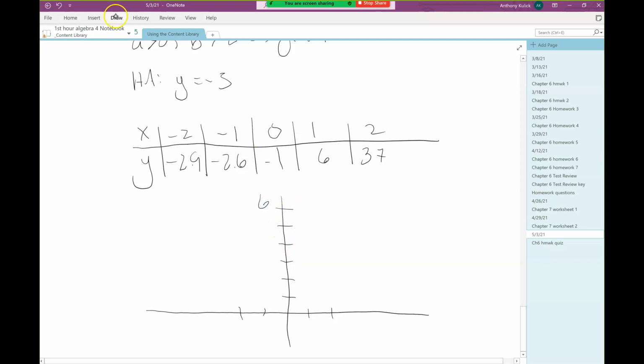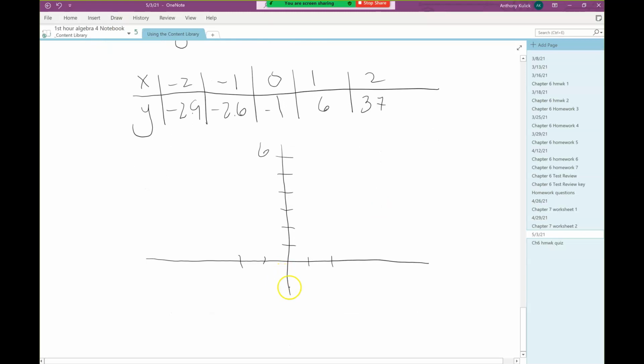I'm only going to graph up to 6 because 37 is just too big to be practical to graph in this situation with everything else going on. And that's okay.